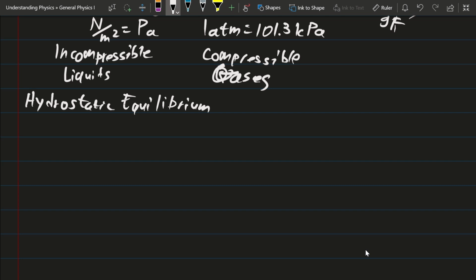So one of the properties that you need to understand about this is that the sum of the forces should be zero because we are within an equilibrium.